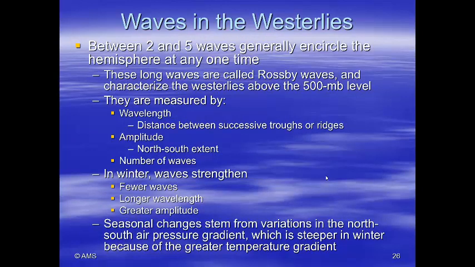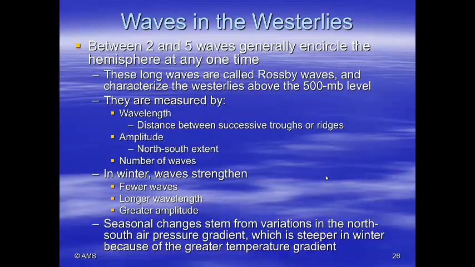We also see that we have these waves in the westerlies, and between 2 and 5 generally encircle the planet at any one time. And these waves are called Rossby waves, and they're characterized in the westerlies above the 500 millibar level. They're measured by wavelength, that's the distance between successive troughs or ridges, and amplitude, their north and south extent, and the number of waves.